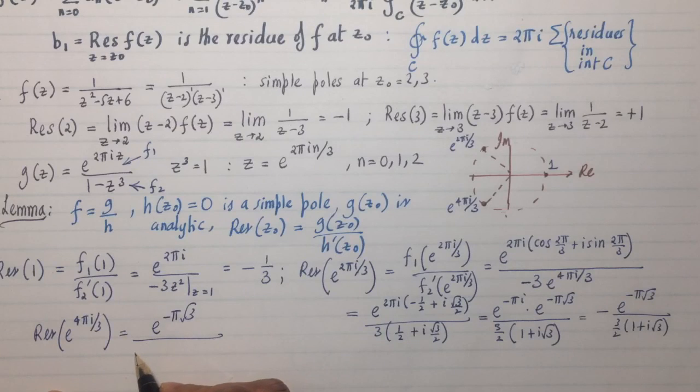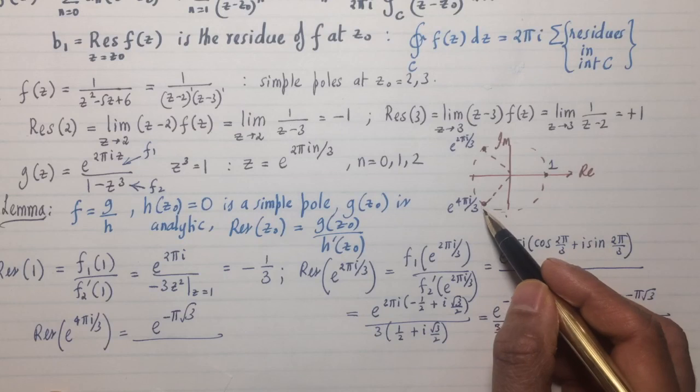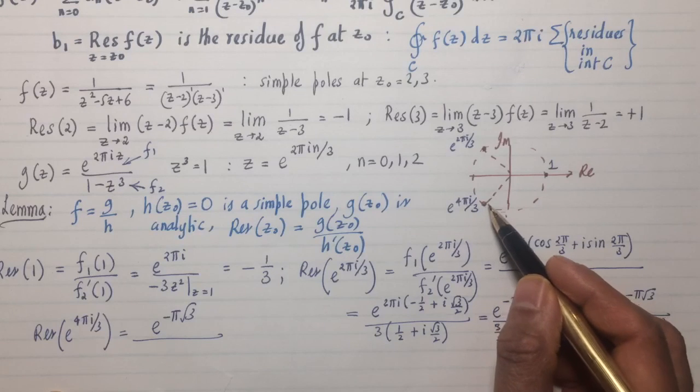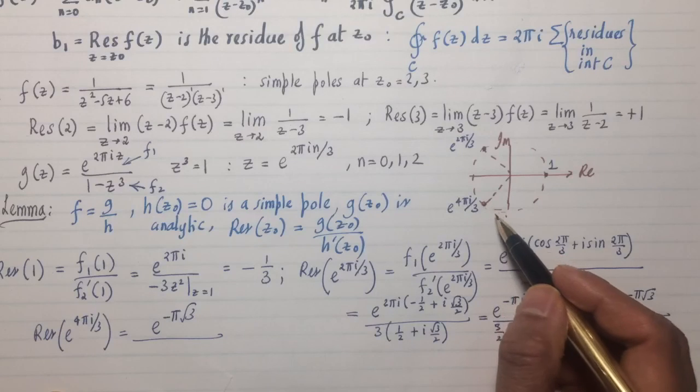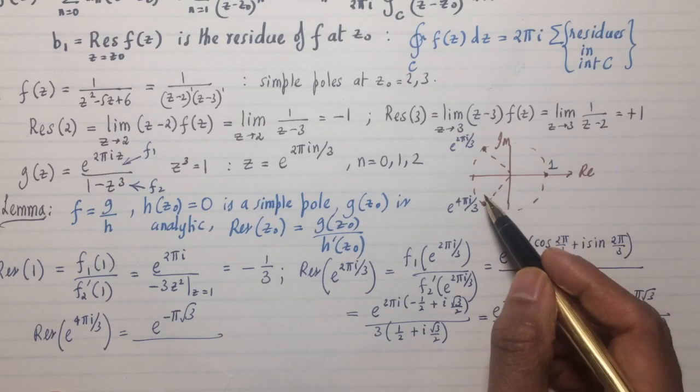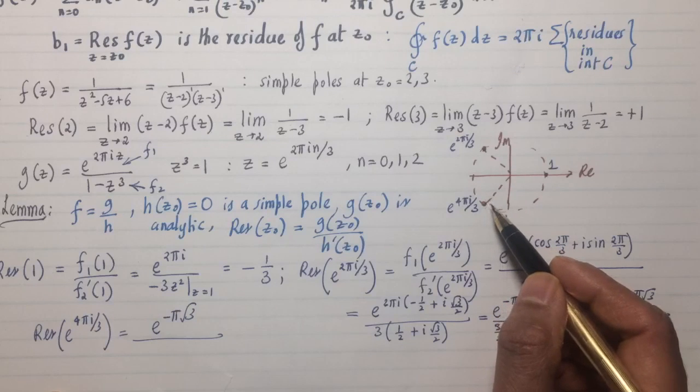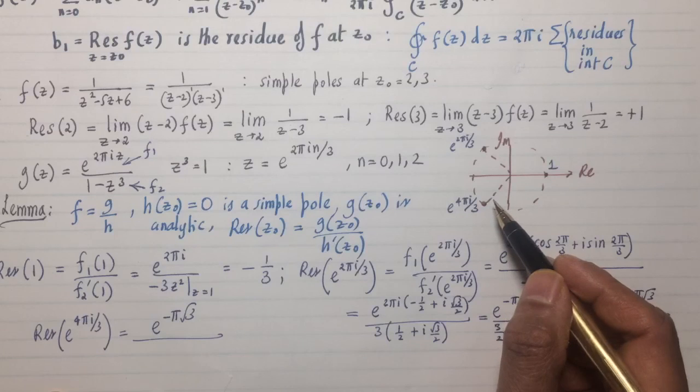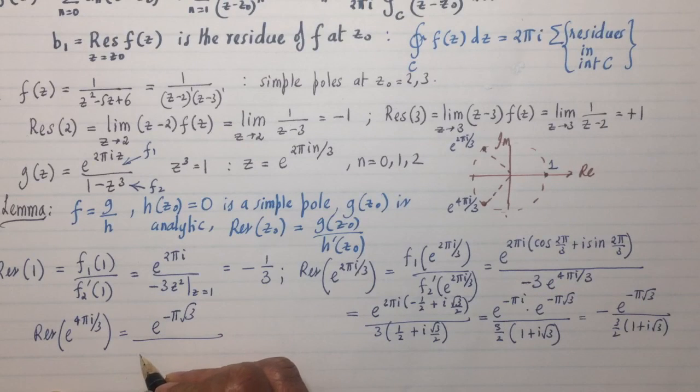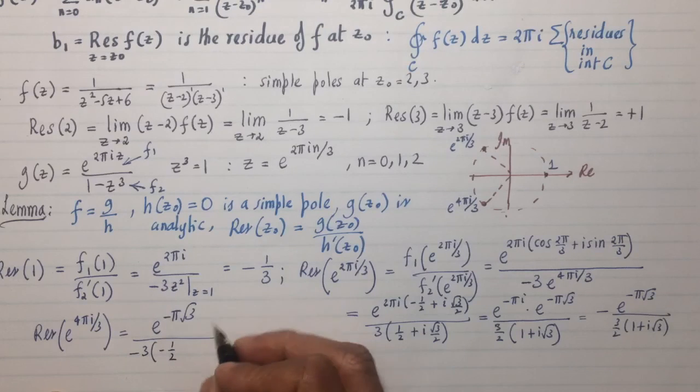The denominator is going to give me, because you're going to take the square of that, and when you take the square of that, you'll end up with e to the 8 pi i over 3, and 8 pi over 3, that's again going to give me negative 3 times negative half.